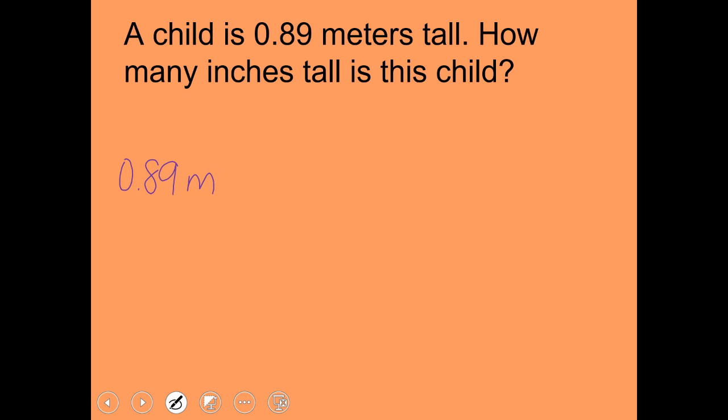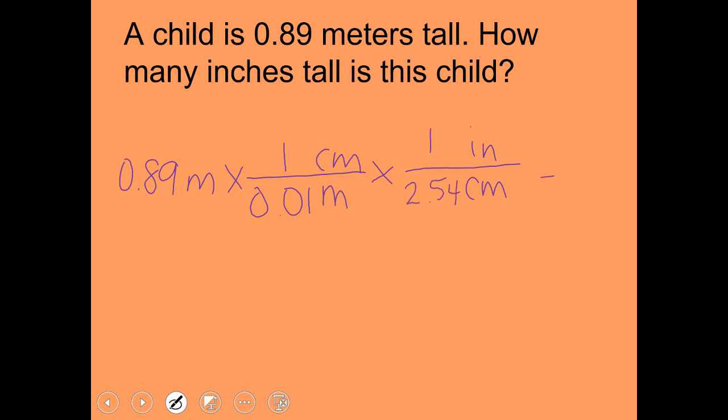And this is going to take more than one conversion, because I don't know how many inches are in a meter, but I do know that, if I go from meters to centimeters, I learned in my metric lesson that a centimeter is 1/100th of a meter. And then I also know, because it was given on that other slide, that there are 2.54 centimeters in an inch.